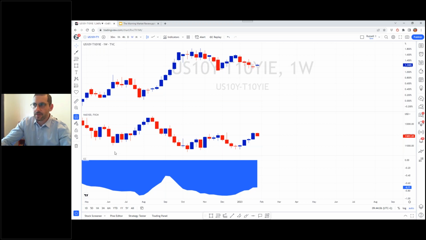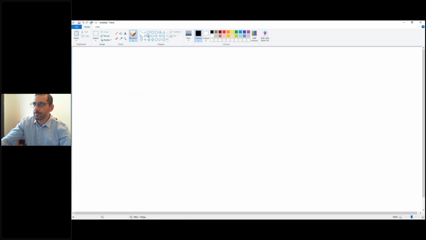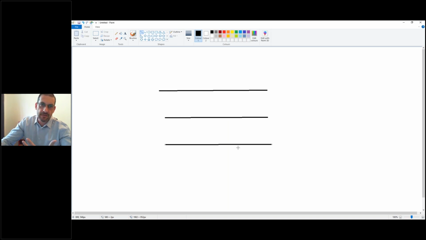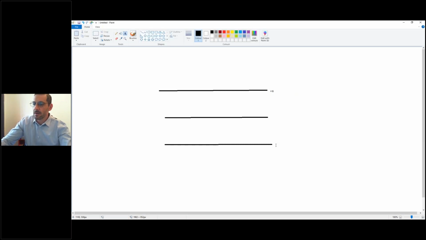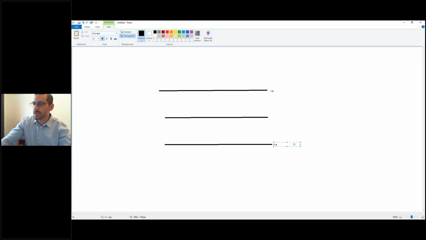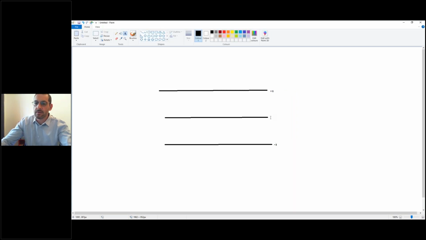Correlation coefficients are a really interesting way to look at two different series, and there's basically three levels you want to pay attention to. The first one would be +1, which is 100%. Okay, -1, which is minus 100%, and 0.